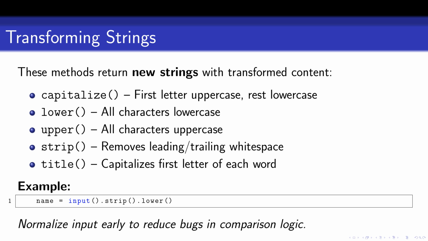For example, input.strip().lower() is a common pattern to normalize text before comparison. These transformations are essential for preparing data for analysis or display. They ensure that string comparisons are reliable and output formatting is clean. Using these methods early in your workflow helps reduce logic errors and creates more robust and user-friendly programs.